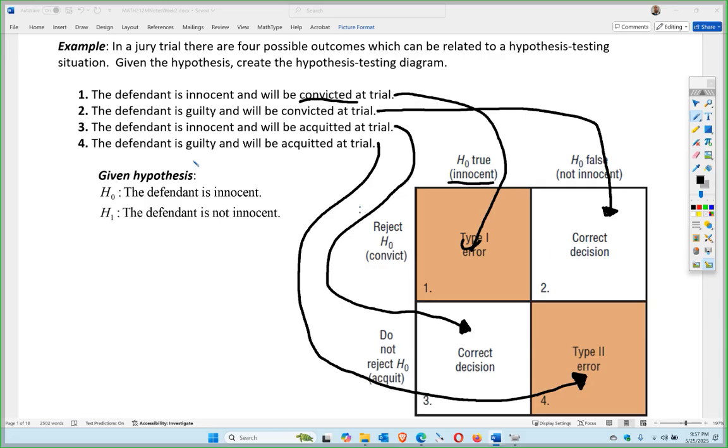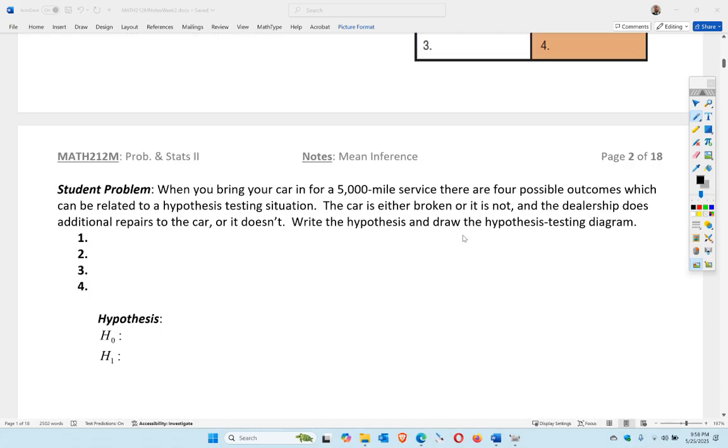The null hypothesis is they're innocent until proven guilty. If you reject that, it means you found enough evidence to find that they are actually guilty, meaning not innocent. So that's your four possible outcomes. It doesn't mean it's a 50-50 chance whether your hypothesis test is right or not, because it all has to do with the alpha value that's picked.